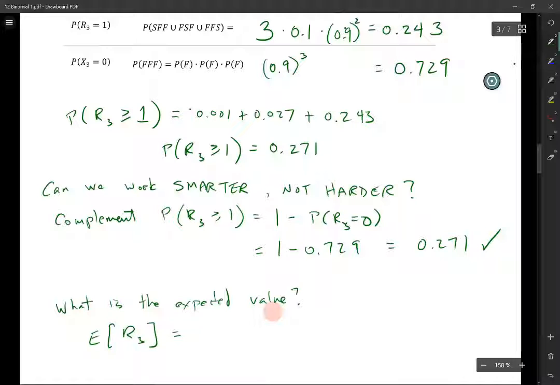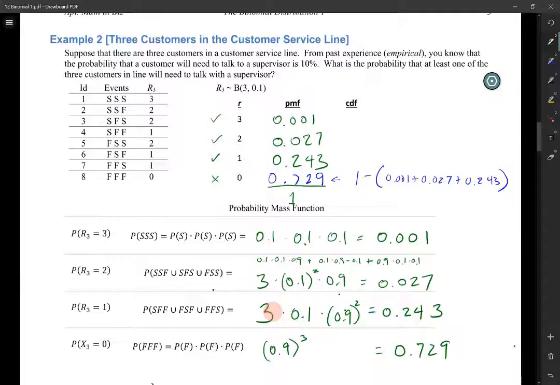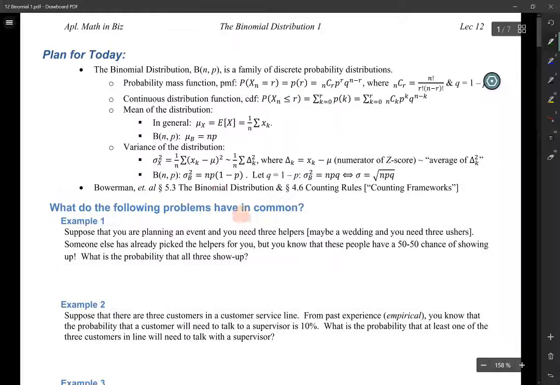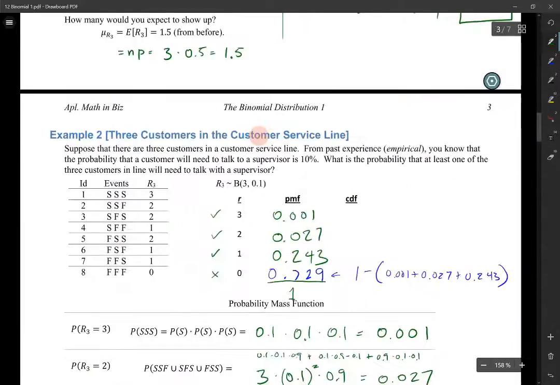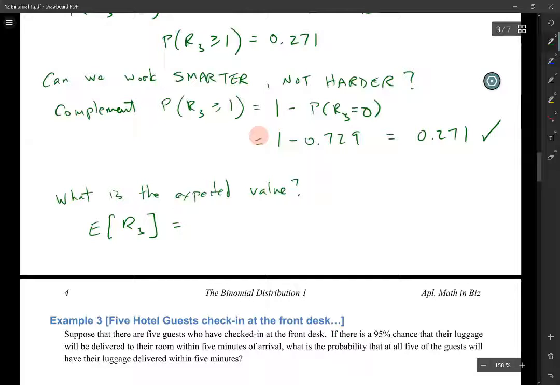Remember that there is the definition of the expected value, so you have to add up all these things. However, with the binomial distribution, there's a shortcut. It's equal to NP, which in this case is 3 times 0.1, which is 0.3.